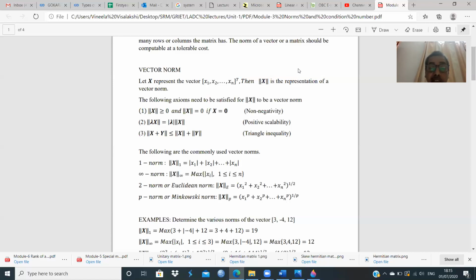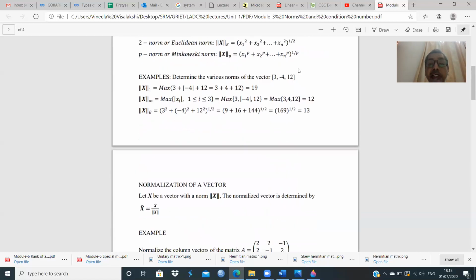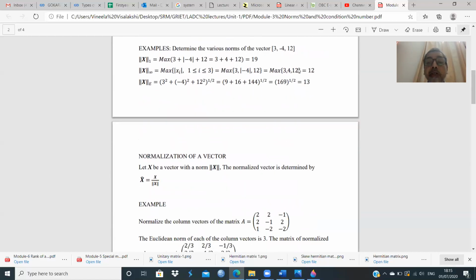To understand the computational aspects, let us take a simple vector 3, minus 4, 12 and calculate three norms: the one norm, the infinity norm, and the Euclidean norm. The one norm is to simply take the sum of all the vector elements taken in absolute sense. So 3 plus mod minus 4 plus 12 gives us 19.